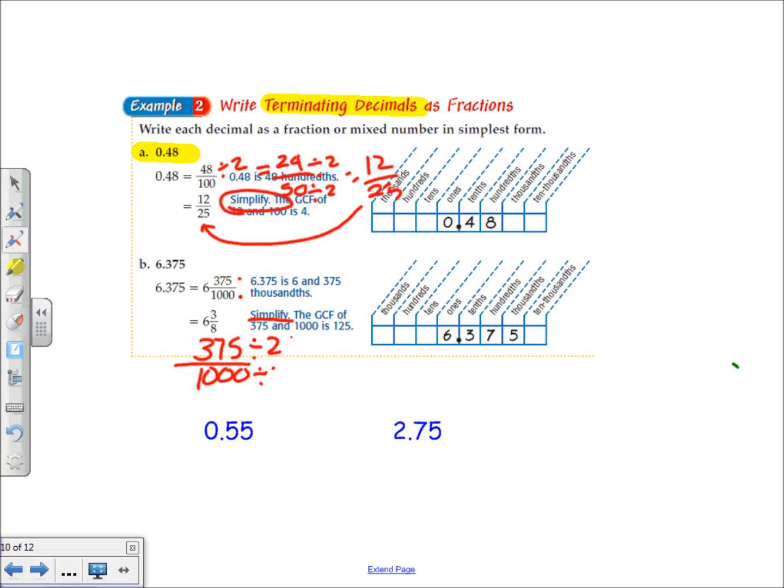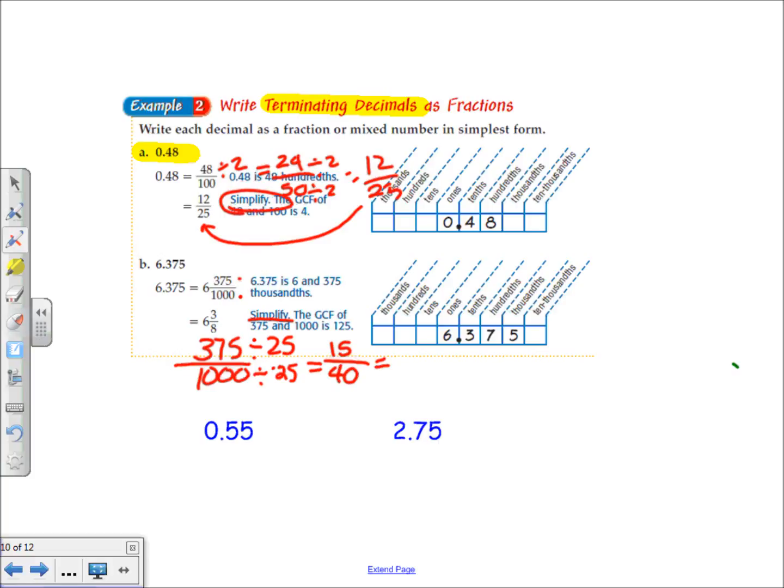I'm going to divide by 25, because I think I can in my head, but if you can't, you can just start dividing by 5. So I'm going to divide by 25. Well, I know in 100 there are 4 25s, right? In 300, there are going to be 12 of them. And I have 3 more, and that's going to be 15, and so 375 divided by 25 is 15. And 1,000 divided by 25, well, I know there are 4 of them in 100, so in 1,000 there will be 40.